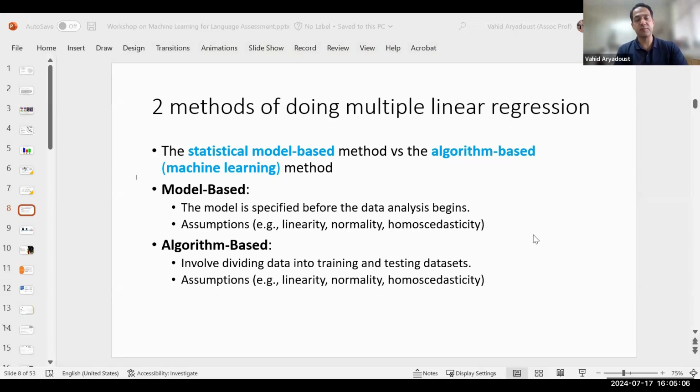Now, the two methods of doing regression analysis, everybody. One is the statistical model-based method, which I've already discussed and which you are most likely very familiar with. And the other method is the algorithm-based one, which, like I said, falls between regression analysis and machine learning.